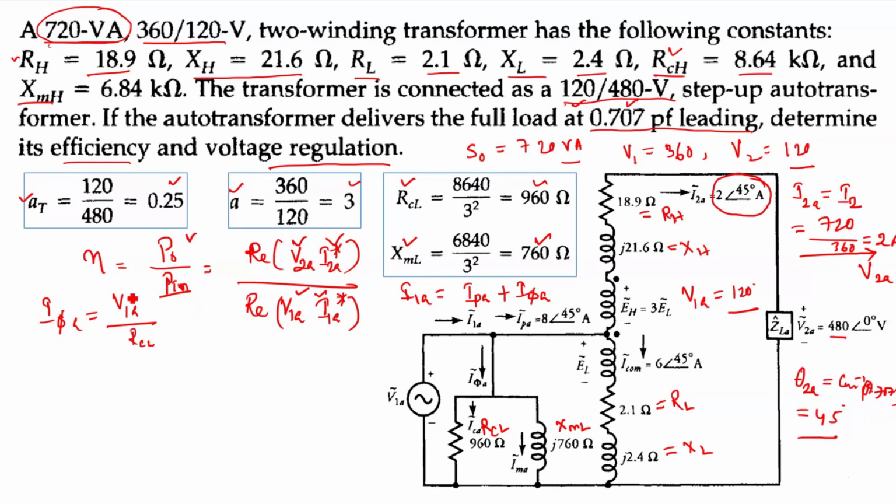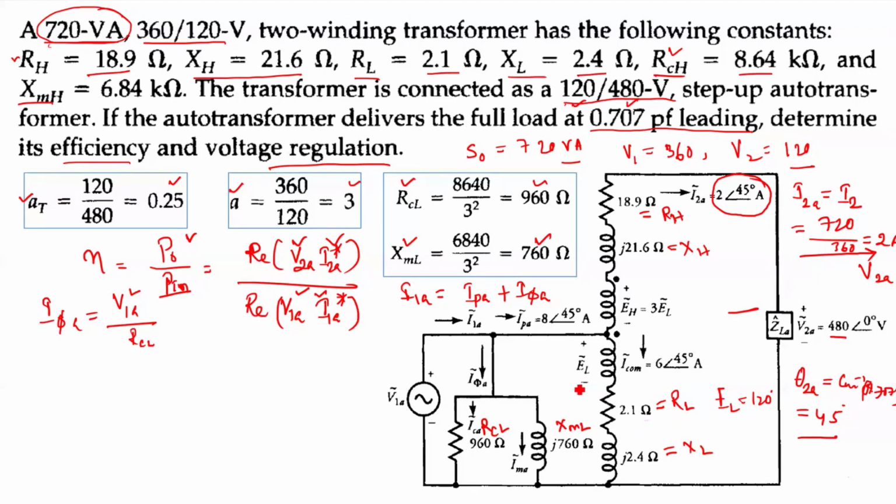Therefore I need to know V1A. Sorry, V1A is not known to me, I have to find it. So I cannot say V1A is 120. In fact, it is the voltage across this circuit, right? The EL is given to me. EL is 120 volt, right?